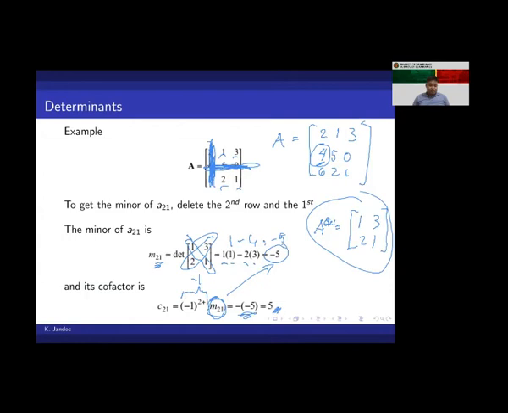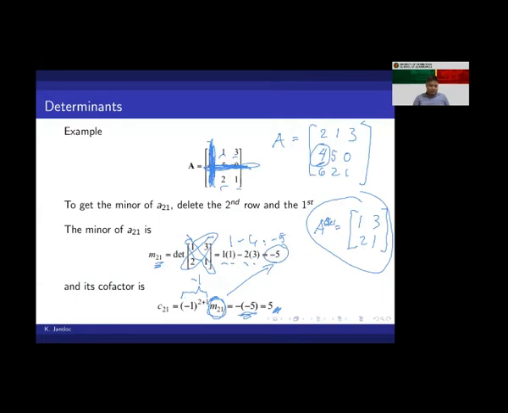So the thing to remember is the cofactor is just the minor, but the sign of the cofactor depends on the address. If the sum of the row and column of the associated entry is odd, then you multiply it by negative 1.